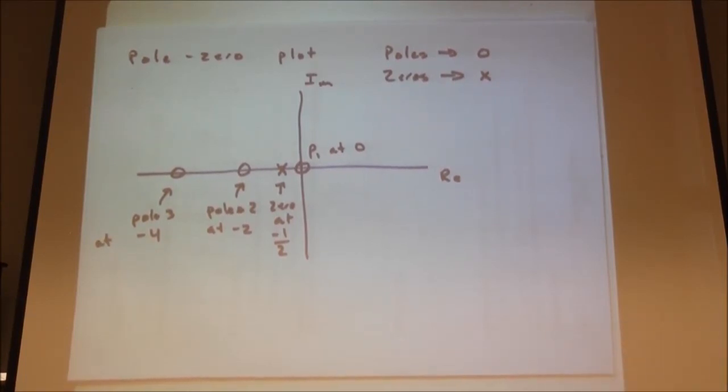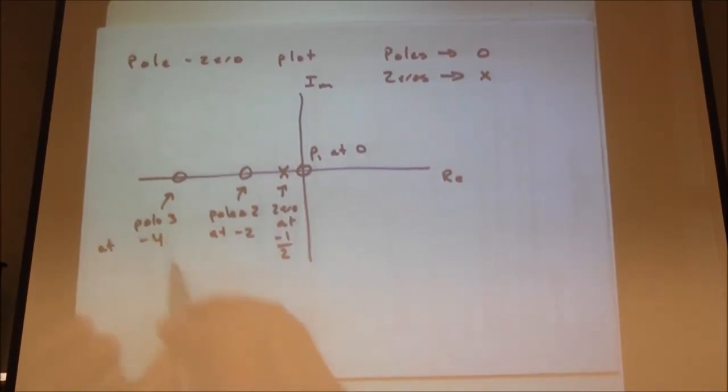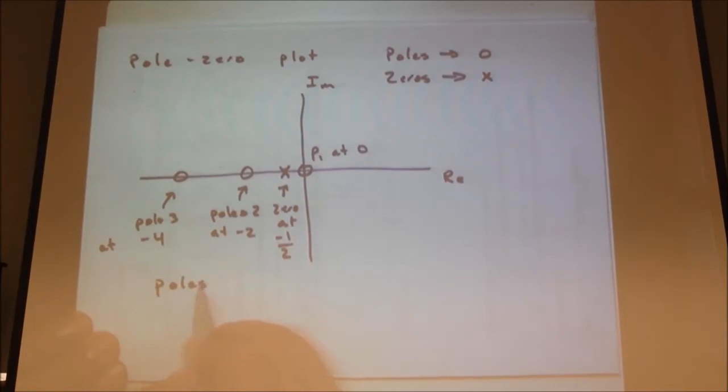This is something you'll see quite a bit more of in future classes, but I'm introducing it to you here. There is something to recognize here. Our poles are on the real axis. What does it mean if our poles are on the real axis, and negative?